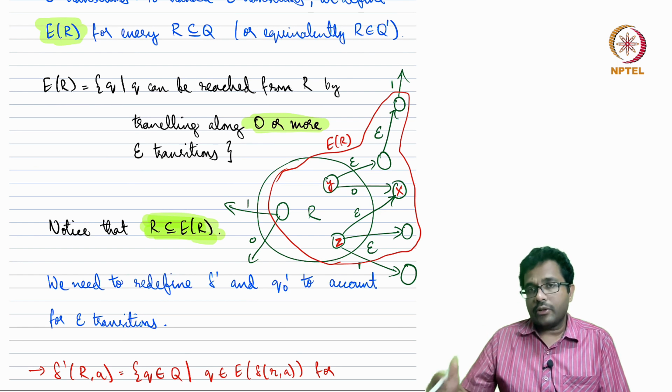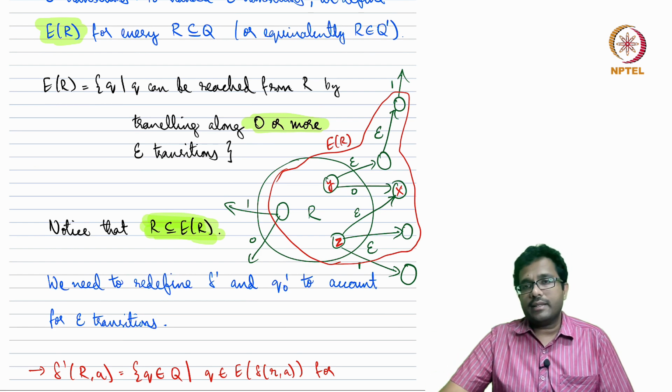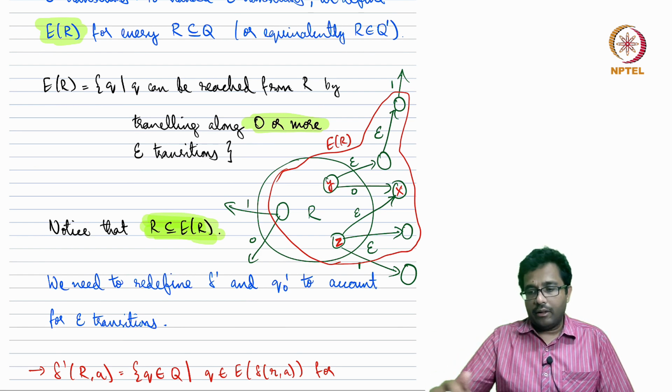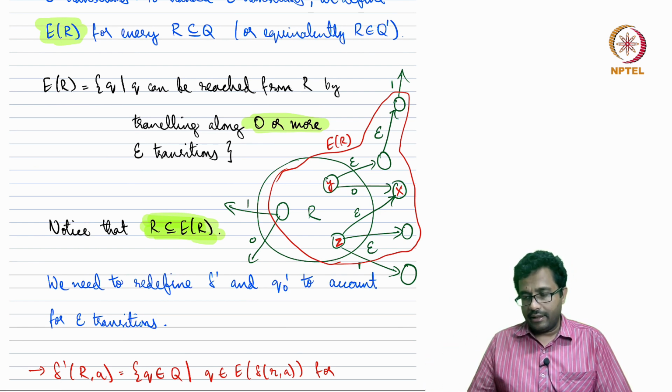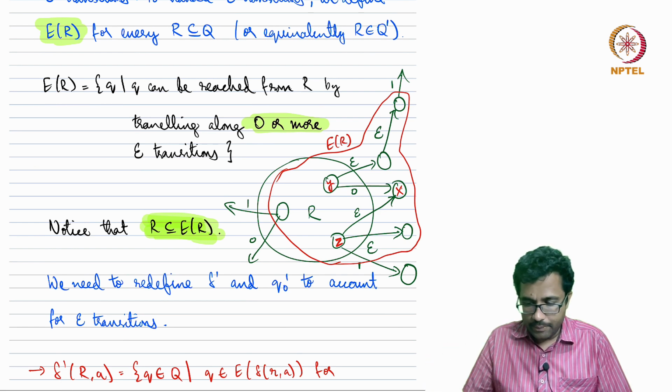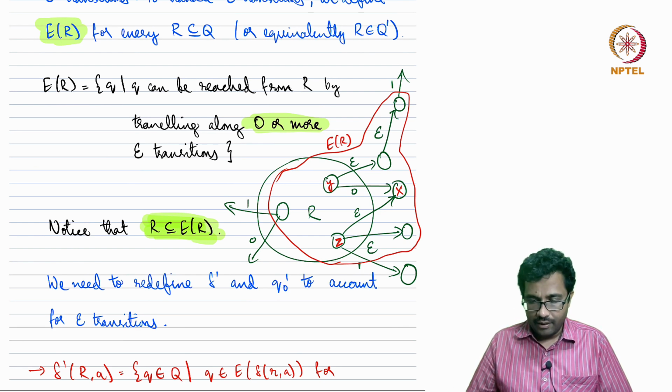So if I am only allowed 0 epsilon transitions, I can only remain at R. If I want to use one step of epsilon or more steps, then I will include other things that you can reach, right. So in this figure, whatever I can reach by epsilon, I have marked. So it depends on the case.